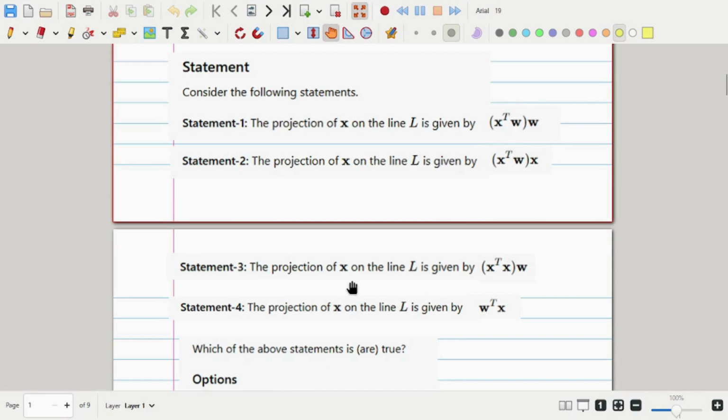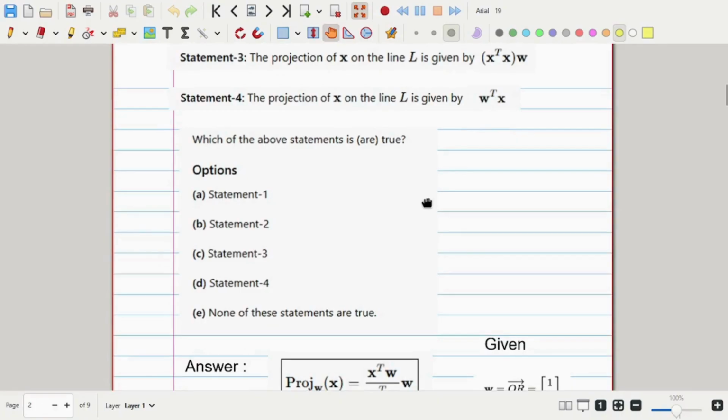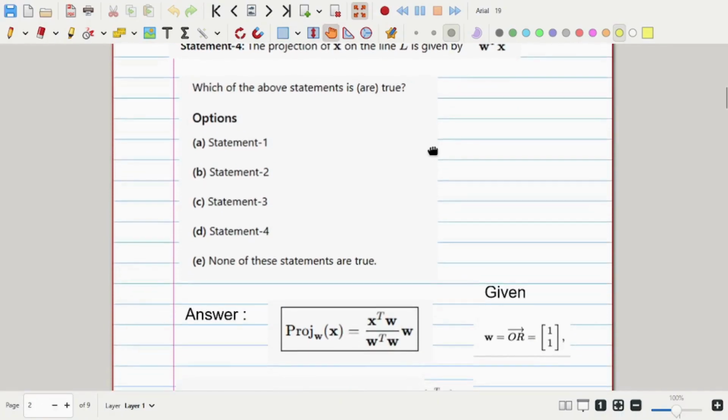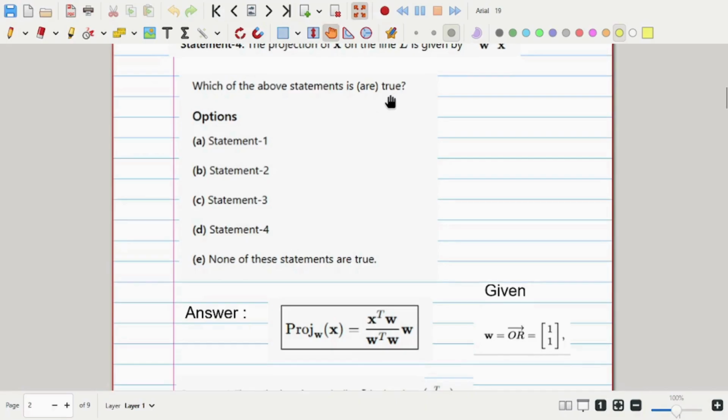The projection of X on the line L is given by X transpose X multiplied by W. Statement 4. The projection of X on the line L is given by W transpose X. So the question is, which of the above statements are true?